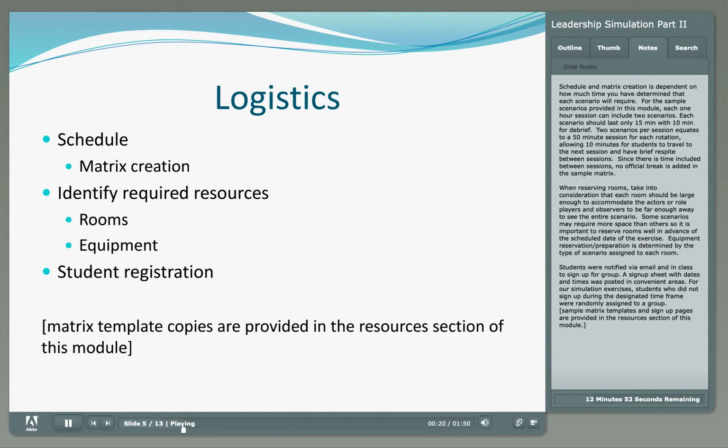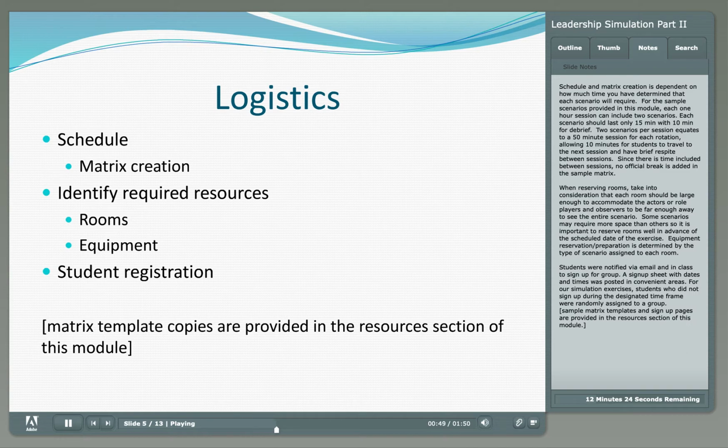Each scenario should last only 15 minutes, with 10 minutes for debriefing. 2 scenarios per session equates to a 50-minute session for each rotation, allowing 10 minutes for students to travel to the next session and have a brief respite in between. Since there's time included in between sessions, no official break is added in the sample matrix.